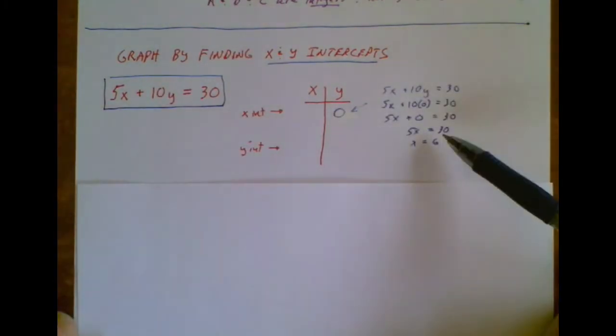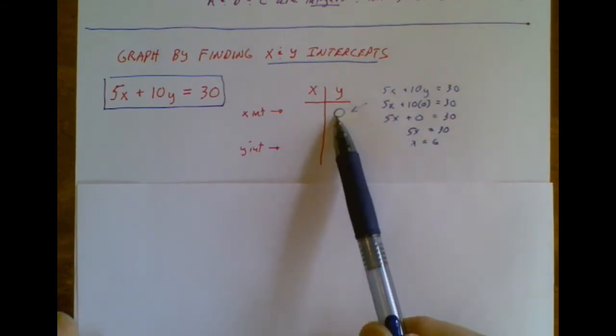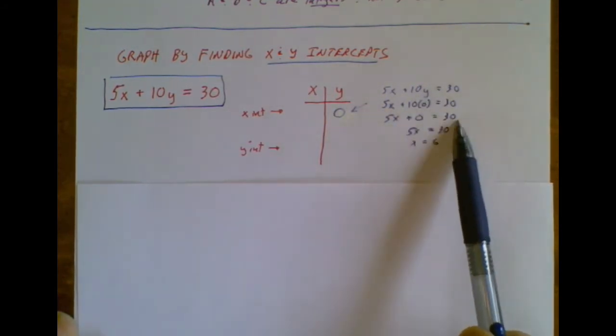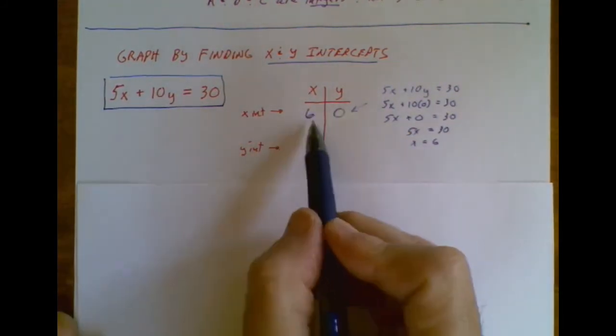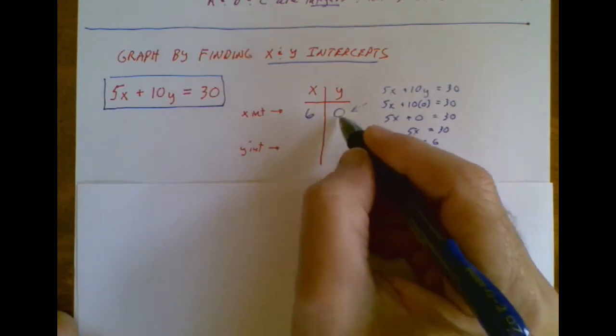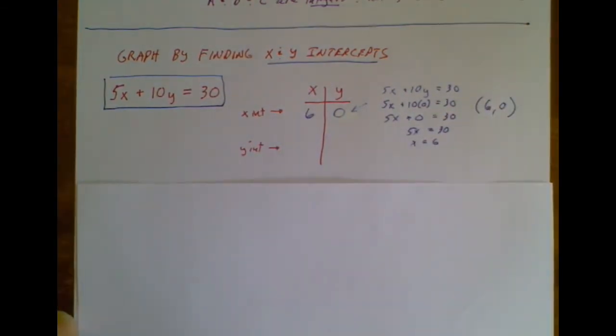You see my work over here on the right. I plugged in y equals 0, worked it out and solved for x. Now I know the x-intercept. It's 6 for x, 0 for y, or I can think of that as the ordered pair (6, 0).